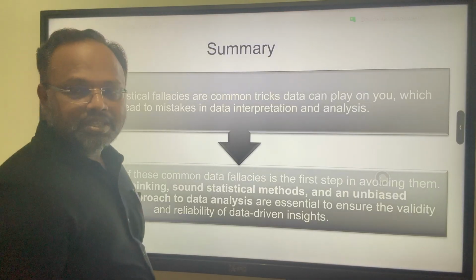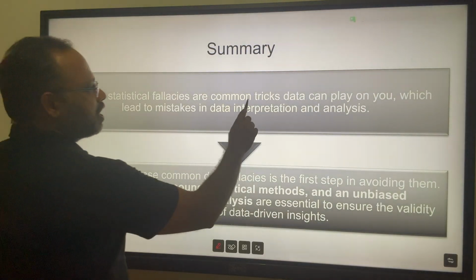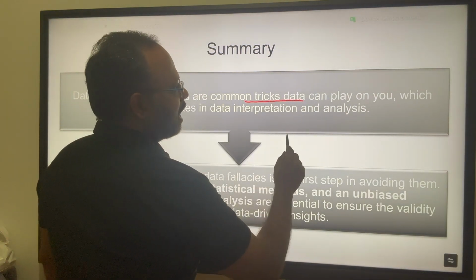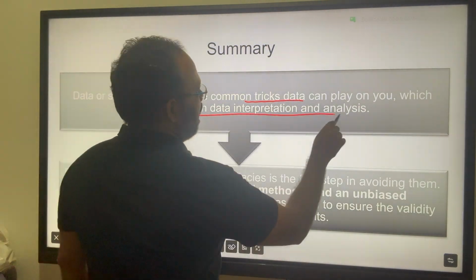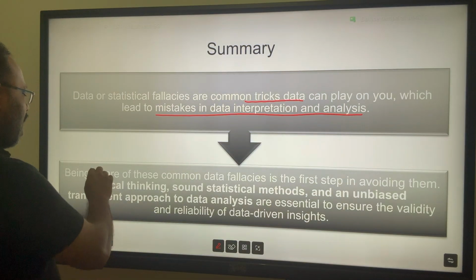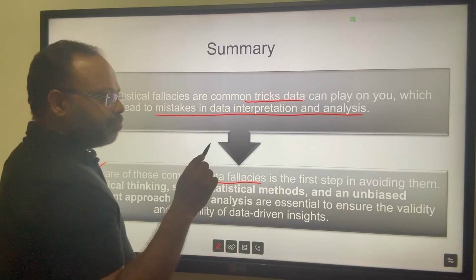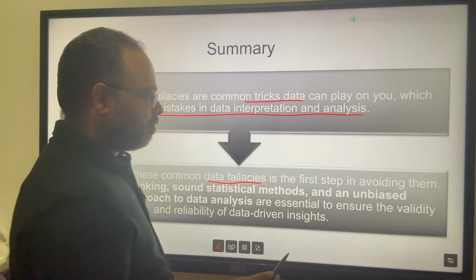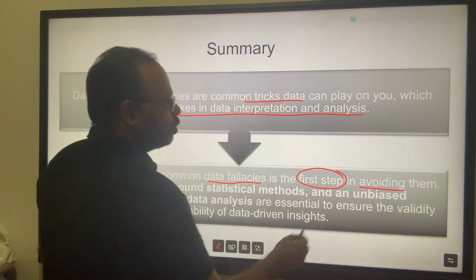Finally, to summarize, data fallacies or statistical fallacies are the common tricks that data can play on us, which can lead to mistakes in the data interpretation and analysis. Being aware of these data fallacies or statistical fallacies is the first step to avoid them.